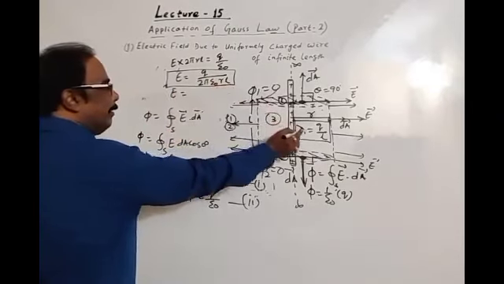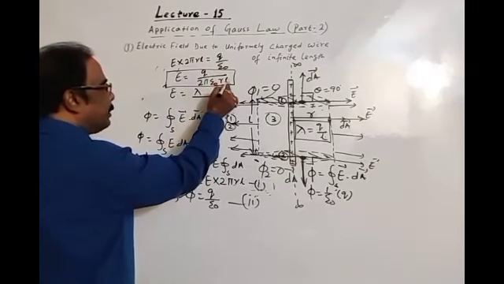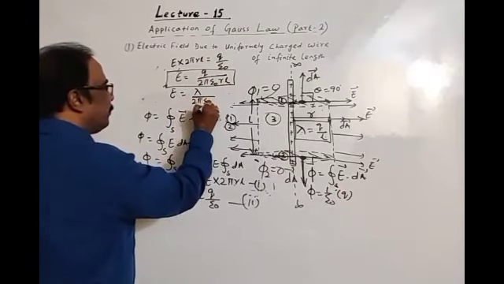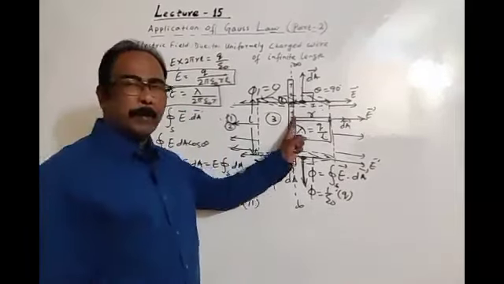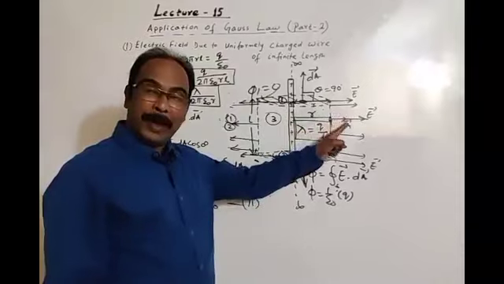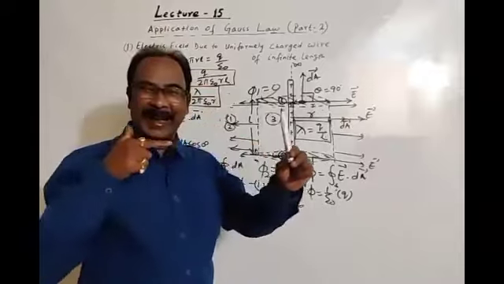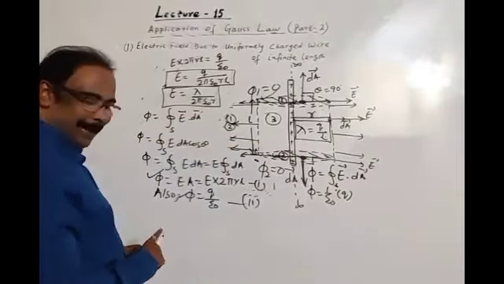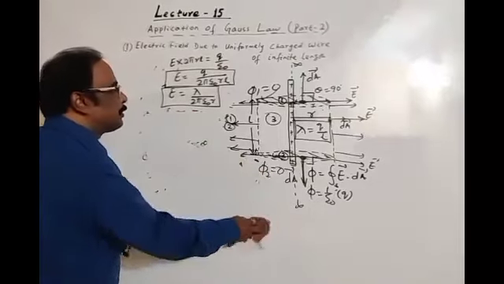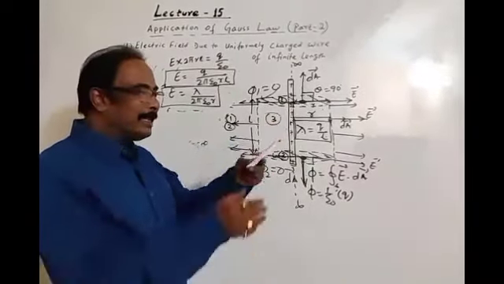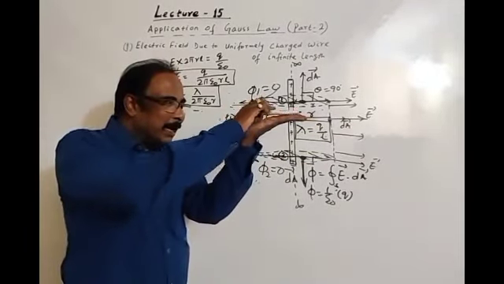Q by L is linear charge density, lambda. Then electric field is lambda divided by 2 pi epsilon naught R, where R is the distance from the axis of the wire in outward direction, means all around the wire. And here, as the relation shows, for surface 1 electric field is 0, because flux is 0, electric field is parallel to the surface.